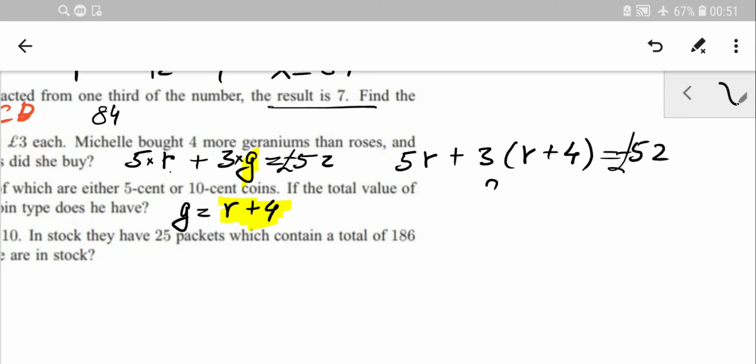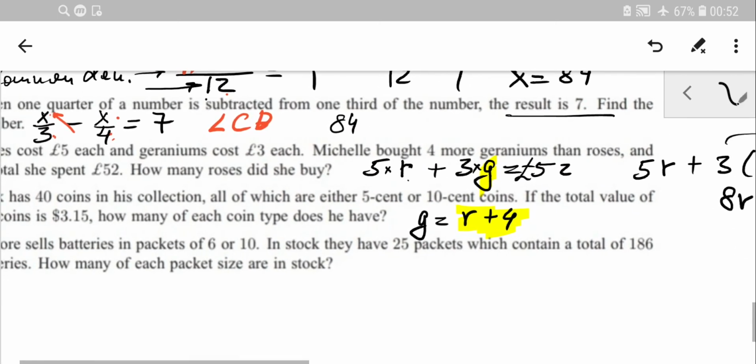So you simplify: 3 by 4 is 12. You subtract 12 from 52, and you'll get 40 pounds. And the total quantity of roses is 40 divided by 8. It's 5 units or pieces.